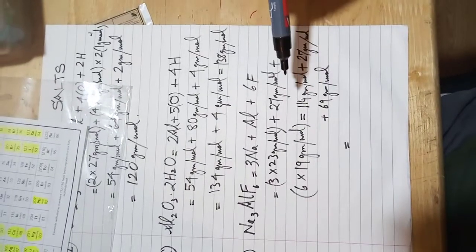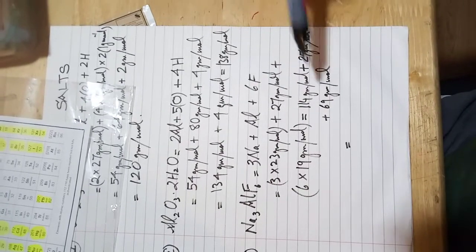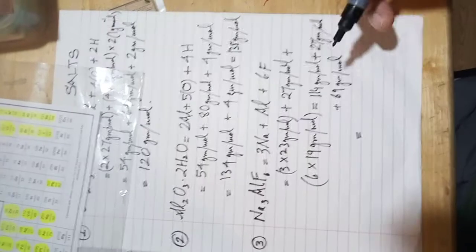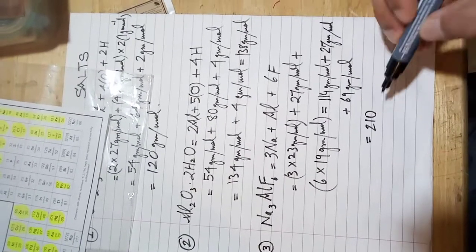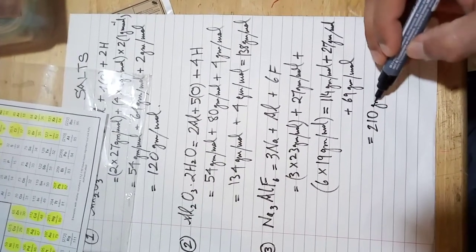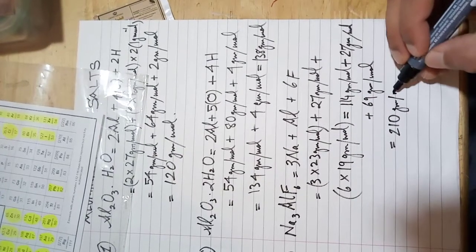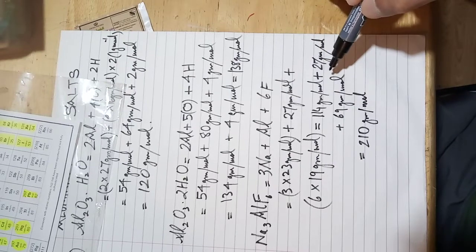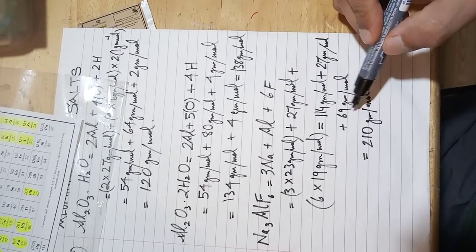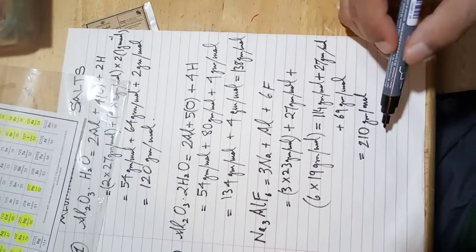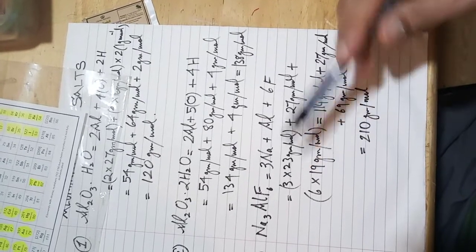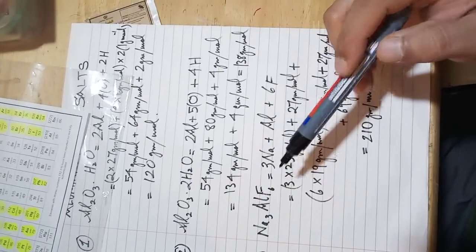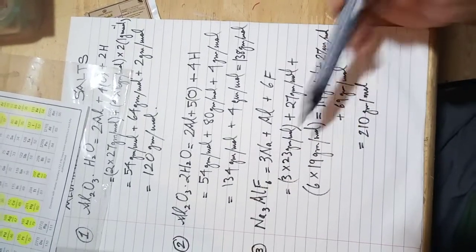So that'll be 69 grams per mole plus 27 plus 115. So that becomes 210 grams per mole, because that'll be 141 and 150 and then 210. So 210 grams of pure trisodium hexafluoroaluminate would be deemed 1 mole of bauxite.